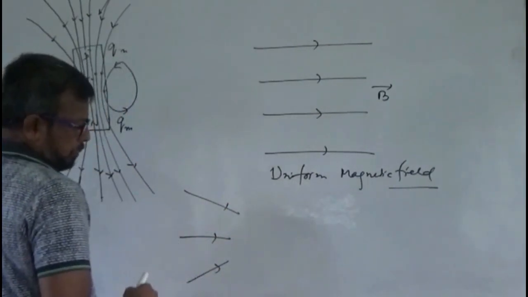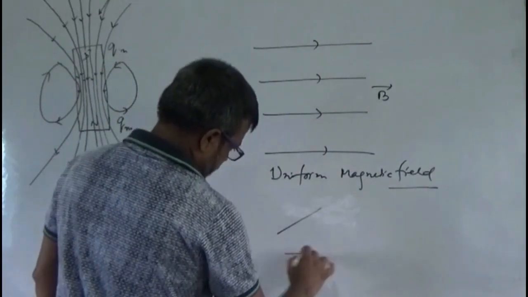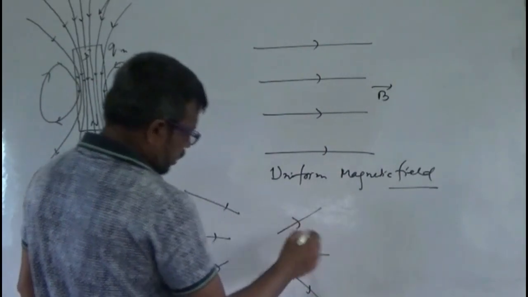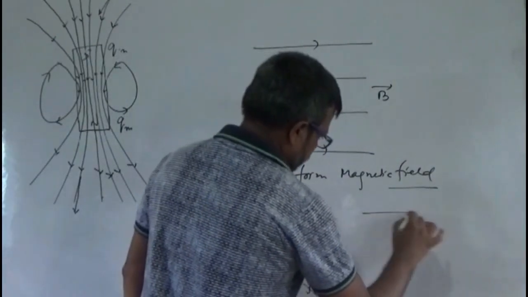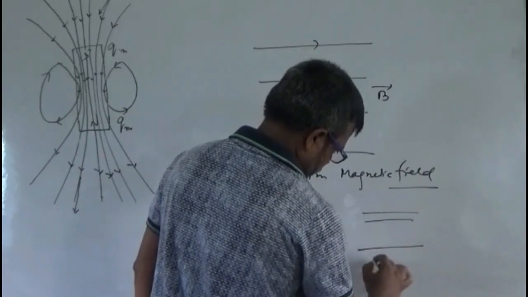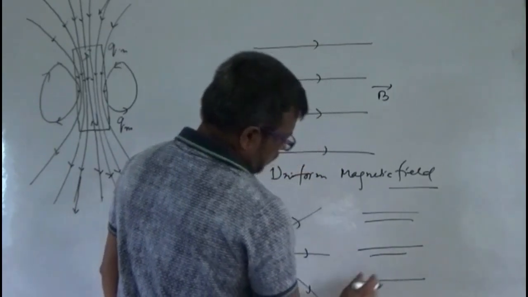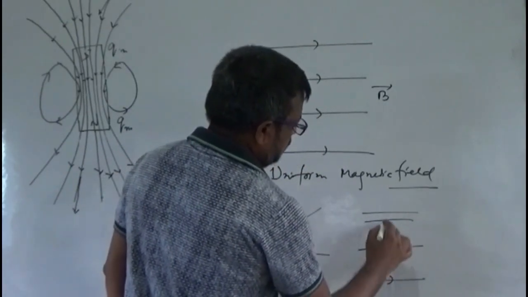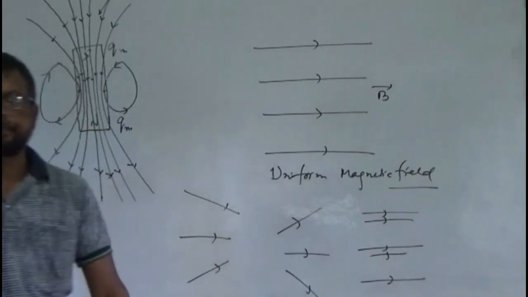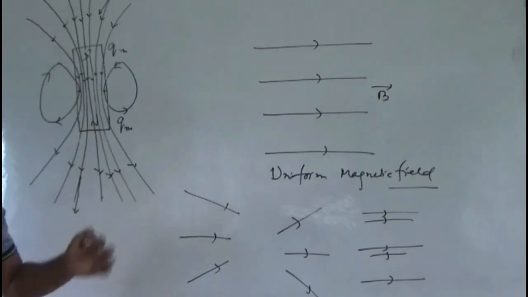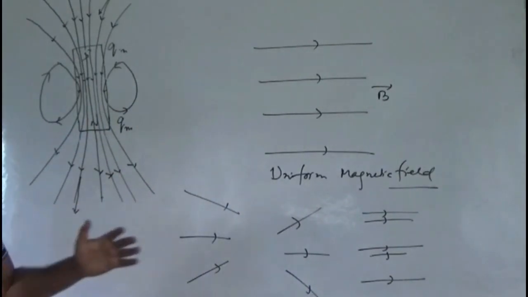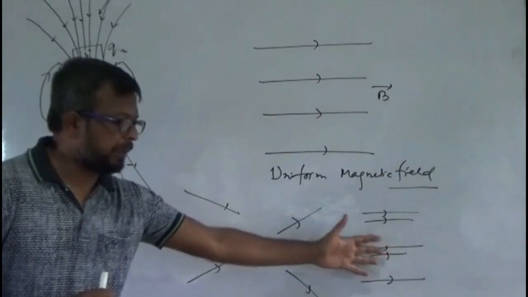This is non-uniform. This is also non-uniform. This is also non-uniform. Non-uniform magnetic field can be represented by this type of field lines.